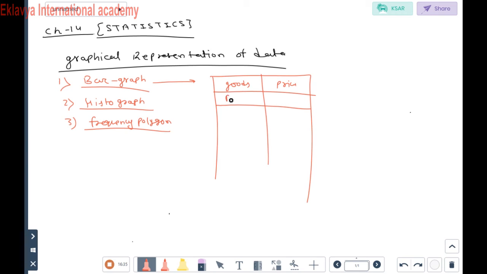First is given to you pen, price is 100 rupees. Pencil, price is 150. Book, price is 200. Construct the bar graph.